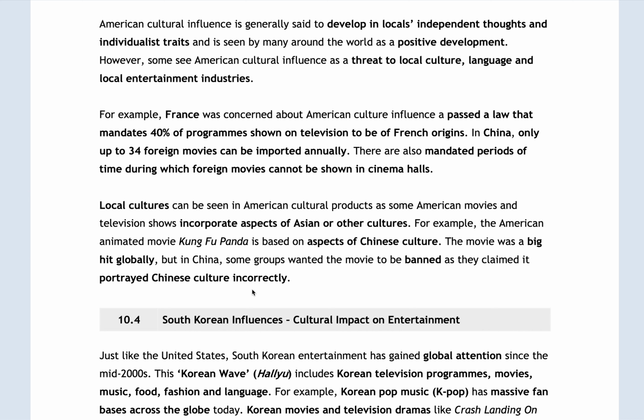Certain American films may portray cultures differently, or rather wrongly, as to what is actually happening with that actual culture itself. For instance, when it comes to the movie there, Kung Fu Panda, a lot of Asian countries complained about what was, let's just say, not a very accurate representation of the Chinese culture especially.